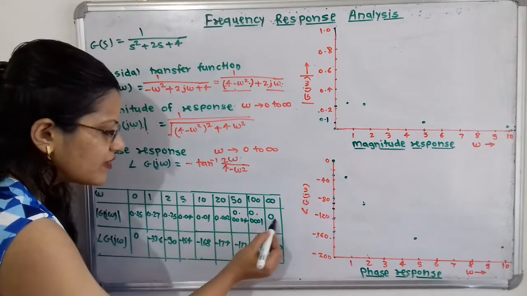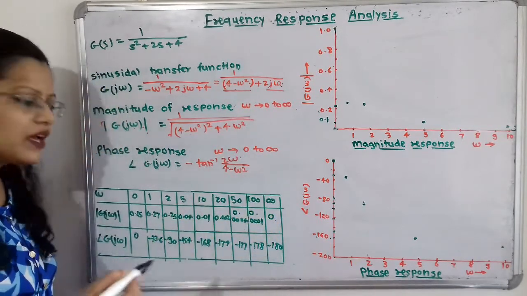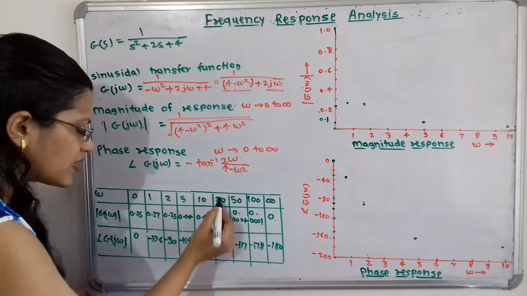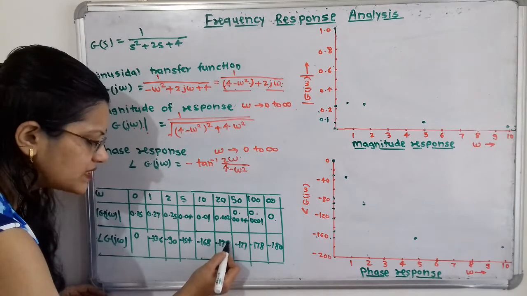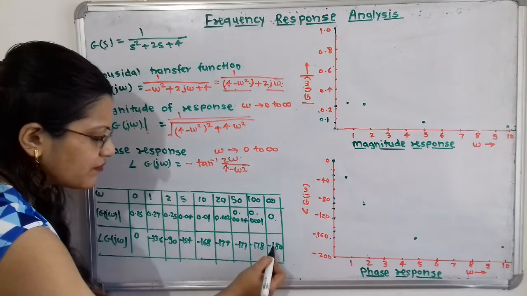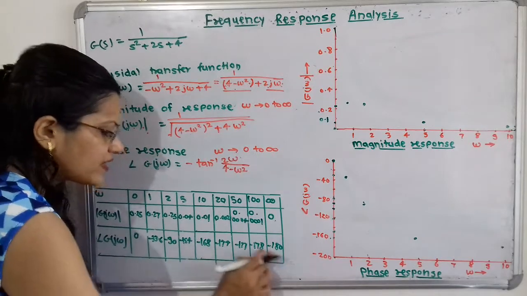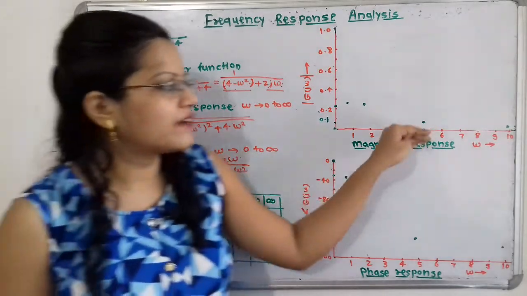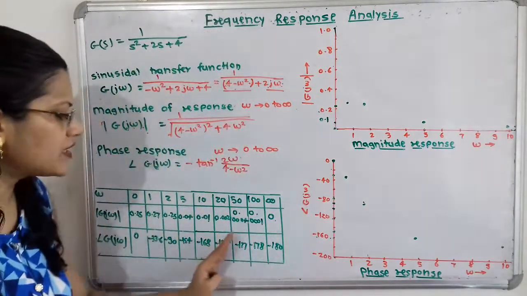The difference is so small between 20 and infinity. For the angle, when omega is equal to 20, the angle is minus 174, and when it is infinity, it is minus 180. So the difference is very small. After 10, we can show the graph as a straight line because of the small difference.